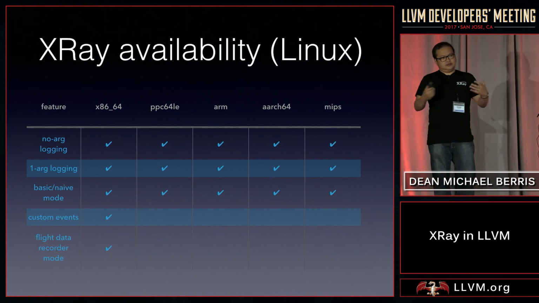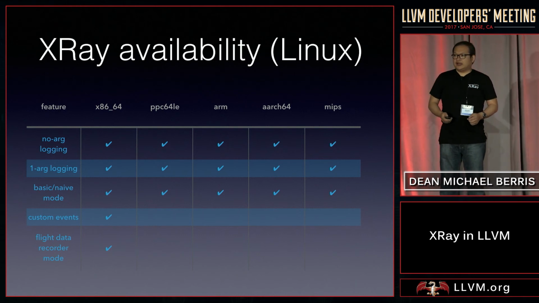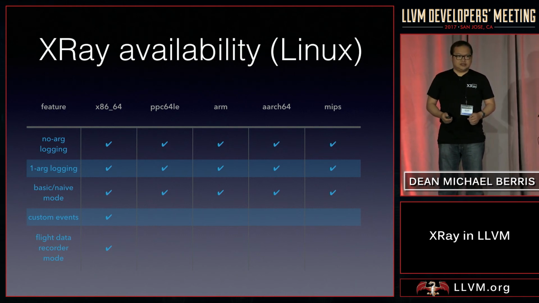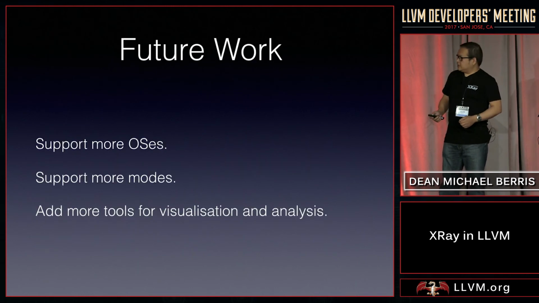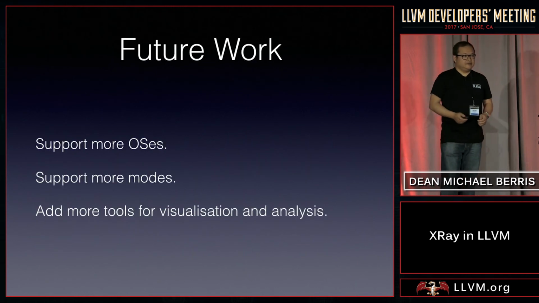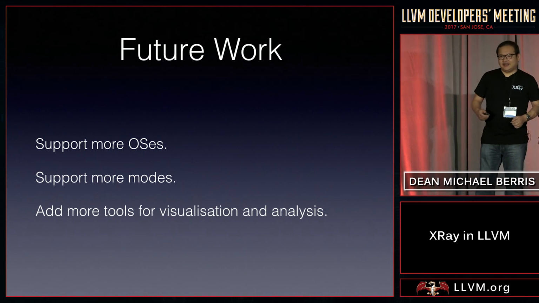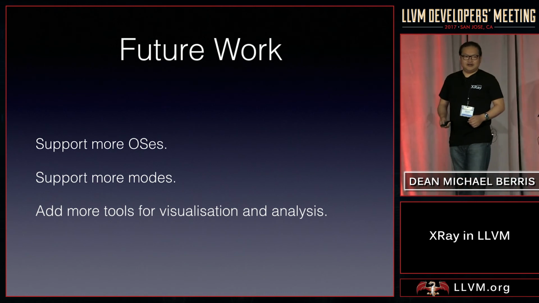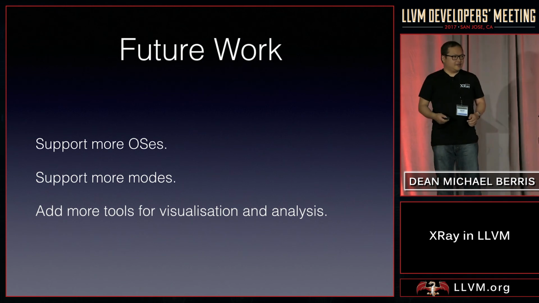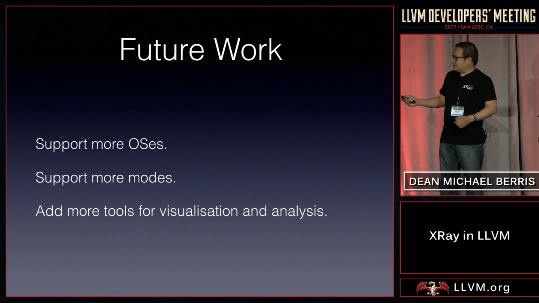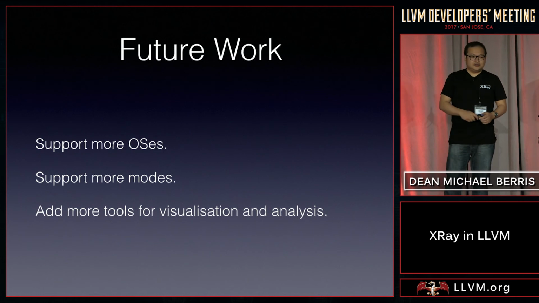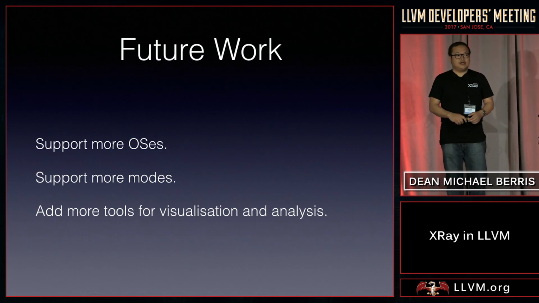And if you want to use this for your front end, back end, or OS, we support and would like contributions. So we are looking at how would this work in other OSs, other platforms. And we also are looking into more visualization of the data and more analysis.